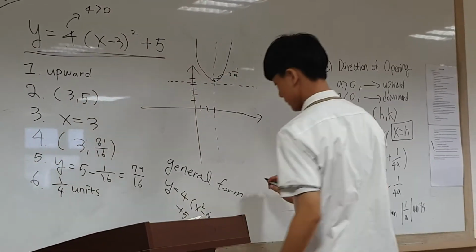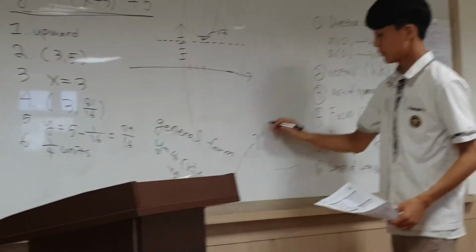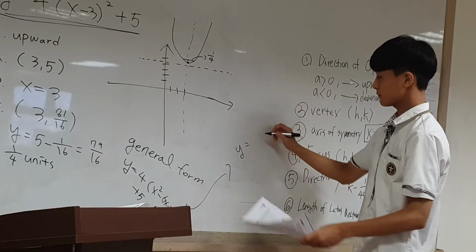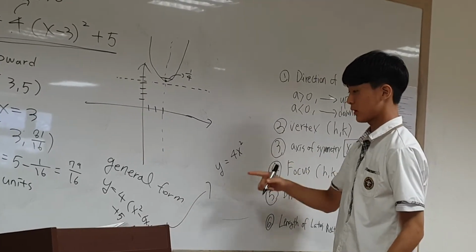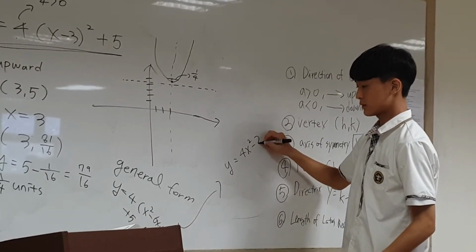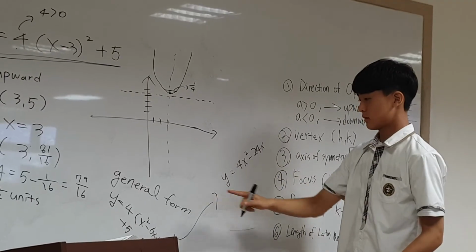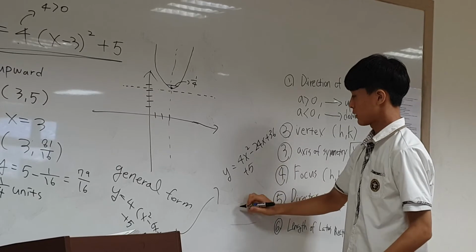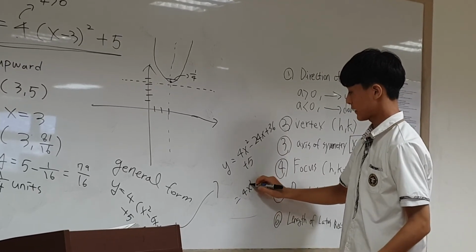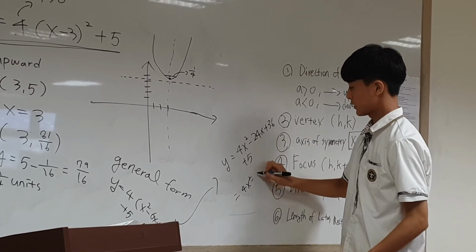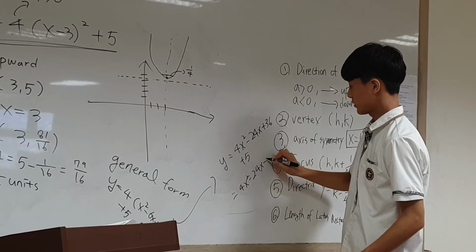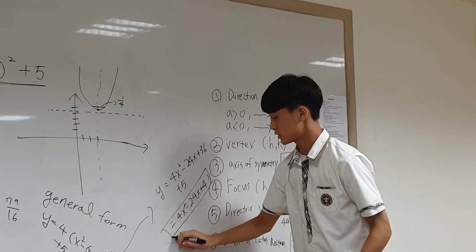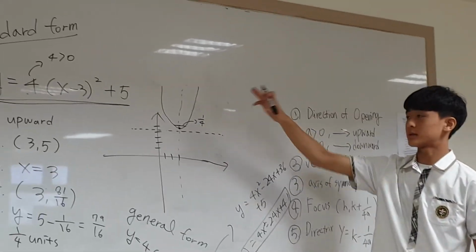So y is 4x squared minus 24x plus 36 plus 5, which is 4x squared minus 24x plus 41. So this would be the general form, and that would be the standard form.